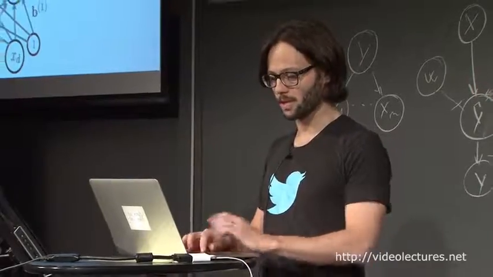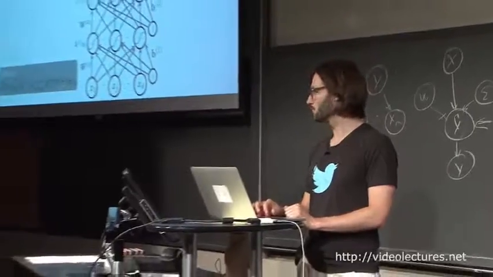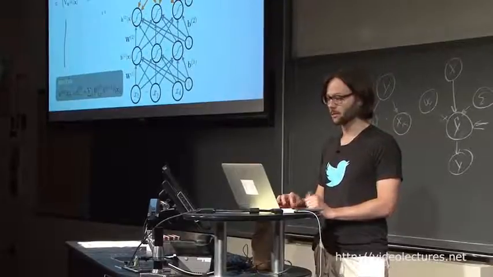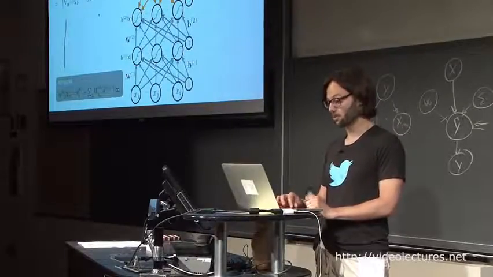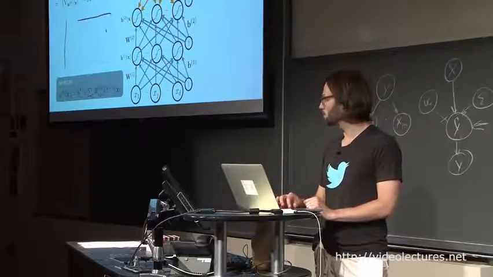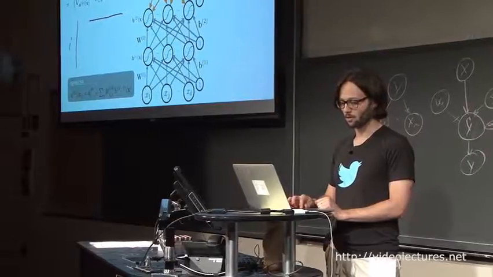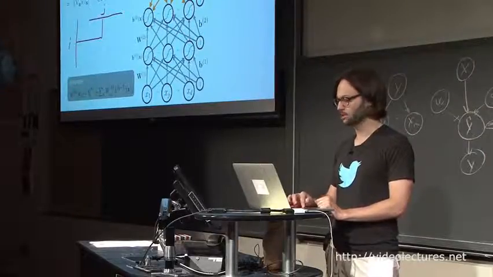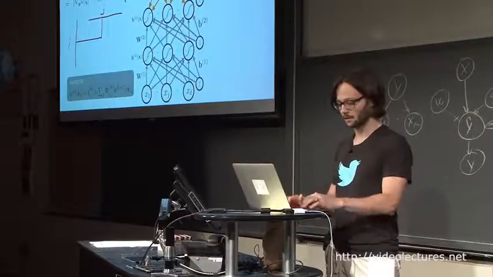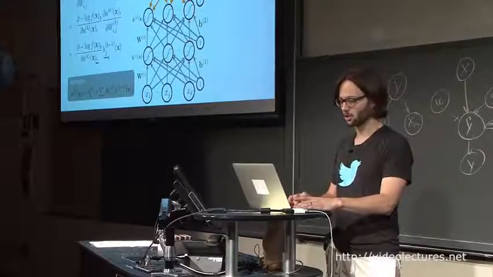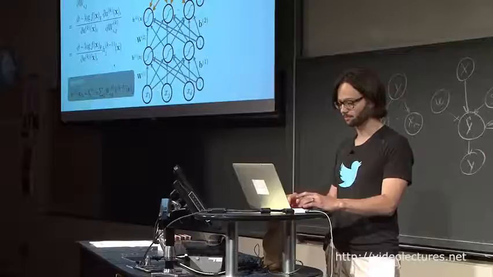To obtain this, take the gradient vector of the pre-activation at layer k, a column vector, and do an outer product with the row vector of the activations at layer k minus 1. That means the entry at row i and column j is the ith element of this vector times the jth element of that vector, which is exactly the expression I have here.